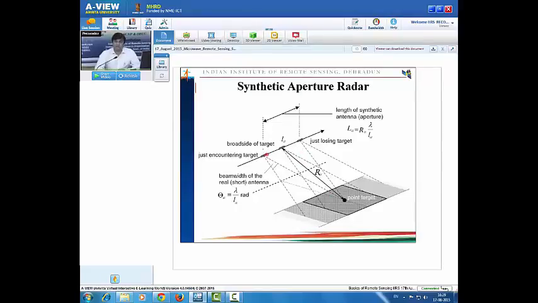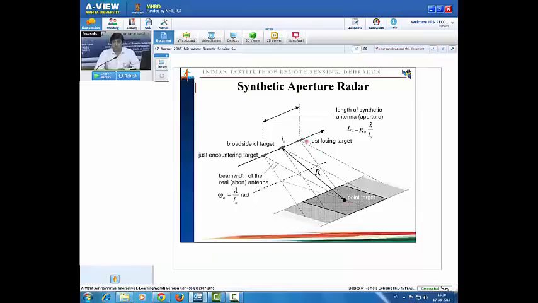It means that the whole length or the whole distance captured by the sensor will behave like a synthetic antenna, or you can say will behave like an antenna for this point target.